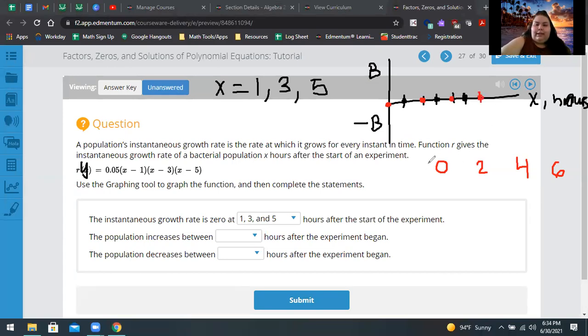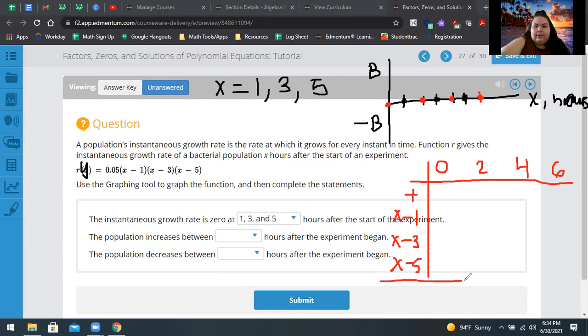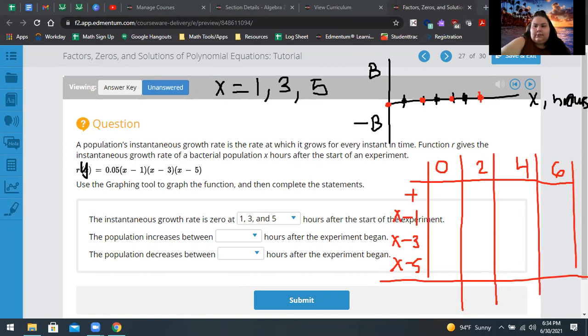Now if I do a sign table, we have this positive sign already here. This is x minus 1, x minus 3, and x minus 5, and then we're going to get the sign charts here.